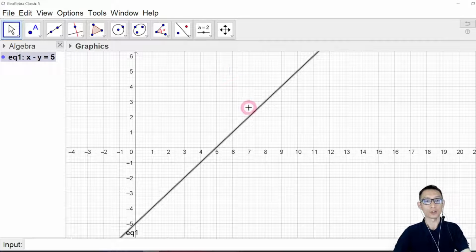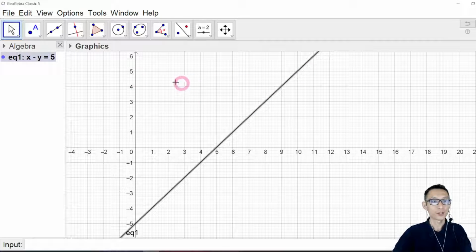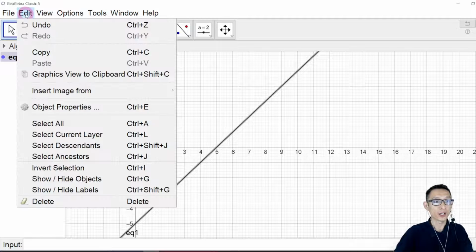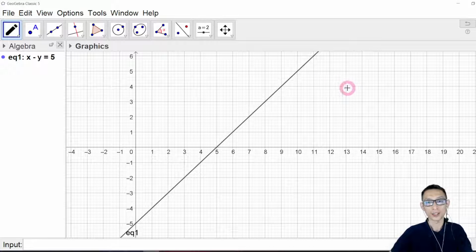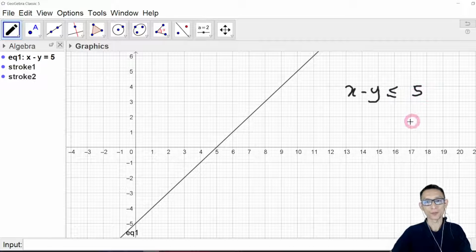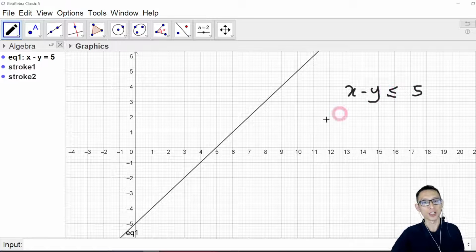Now let's look at this one. This line is x minus y is equal to 5. Let's say I ask you to get this one, x minus y is less than or equal to 5. Try to think before I show you the answer. You have to shade here or here.